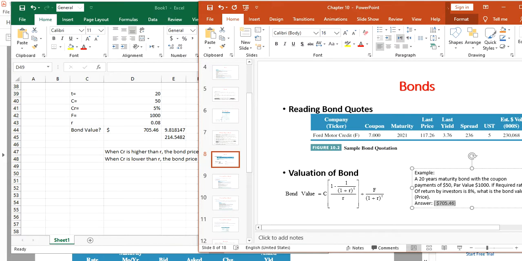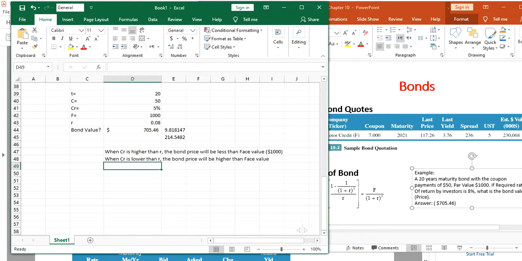Immediately you can check your answer whether it's correct or not. What about when CR is equal to R?